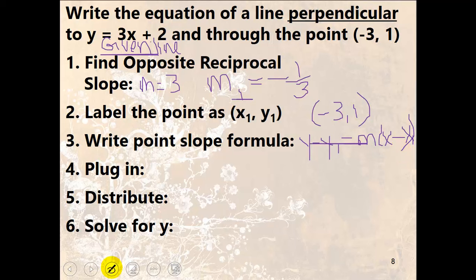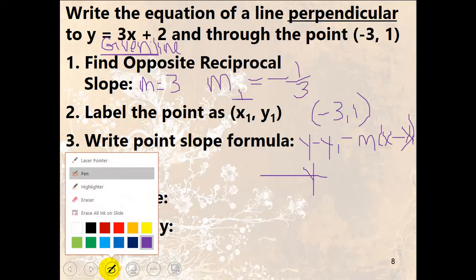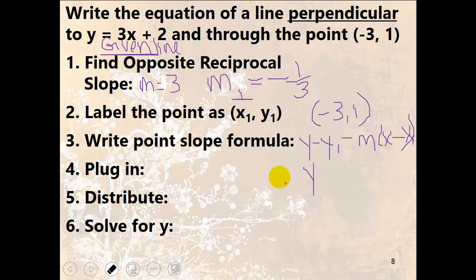Okay, then I'm going to plug in. Y minus 1 equals negative 1/3 times x plus 3, that's minus a negative.